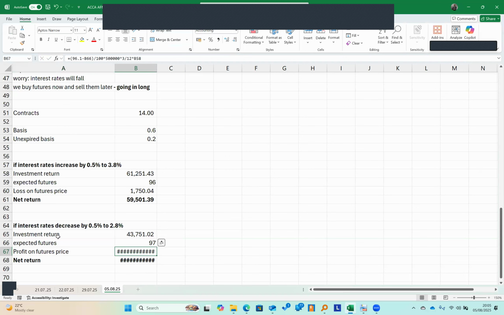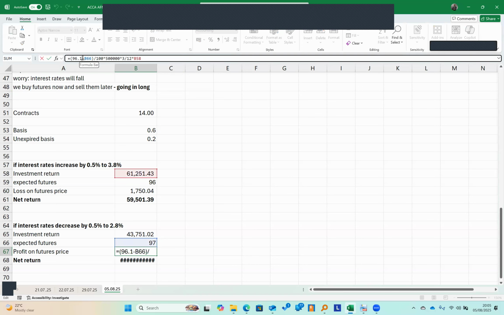And the profit is going to be 97 minus 96.1. Of course, we divide by 100 because these are percentages, multiplied by the 500,000, multiplied by 3 over 12, multiplied by the contracts, which are 14.